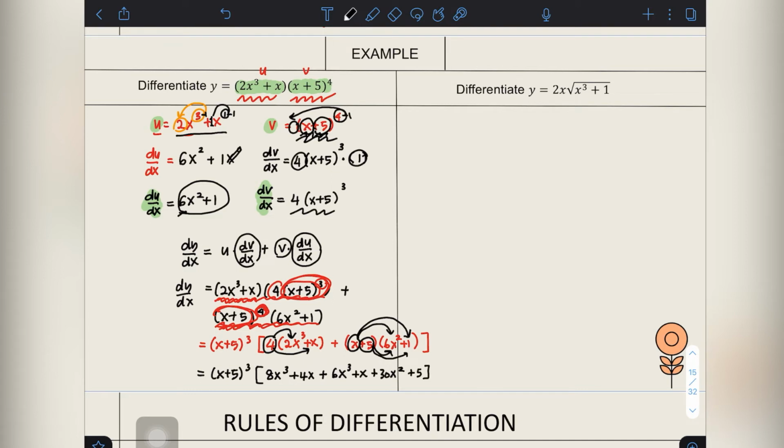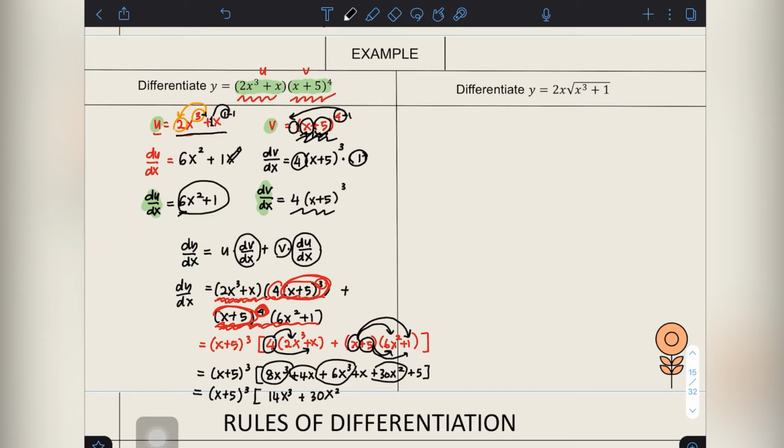Okay, and next we can see which terms we can add or subtract to simplify our equation. So we have here equal to (x+5)^3 inside the square bracket. Here you can see 8x^3 can be added to 6x^3. So you will have here 14x^3 + 30x^2.